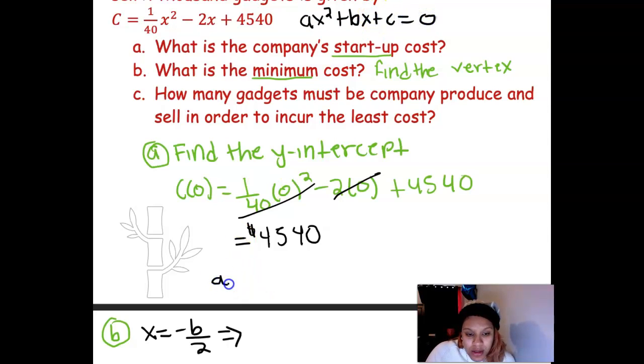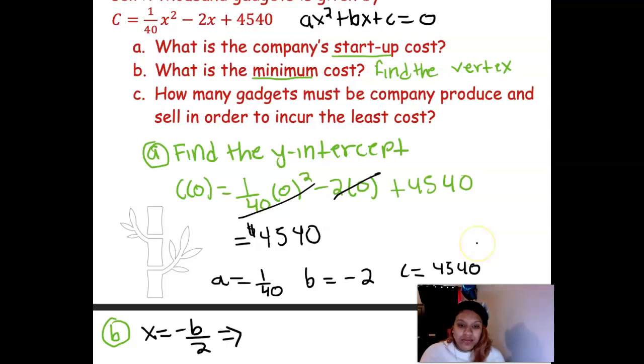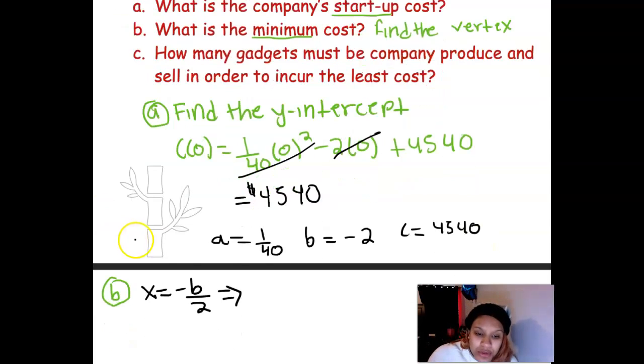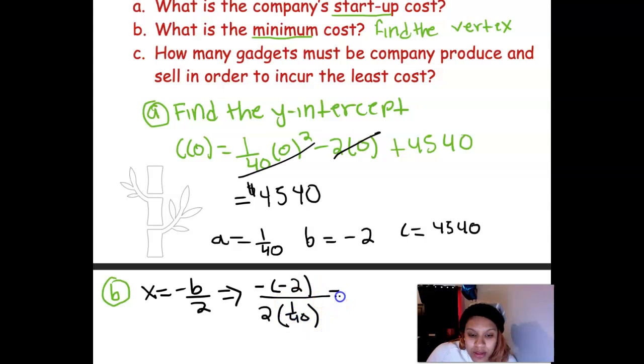Which means a is 1 over 40, b is negative 2, and c is 4,540. So we're just going to substitute here. Negative times a negative divided by 1 over 40. Let's do one step at a time. This is positive 2 divided by 2 times 1, 2 over 40.